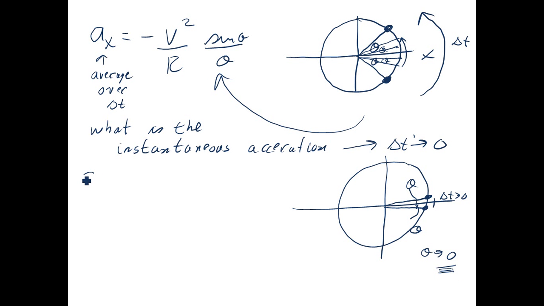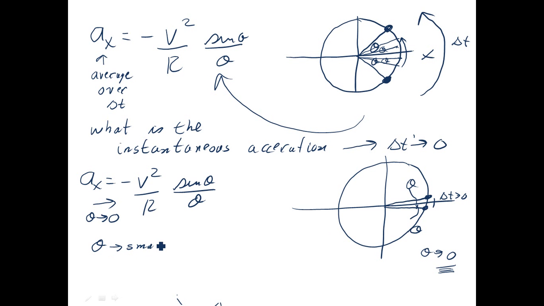So look at this equation again. a_x equals minus v squared over r, sine theta over theta. What does that approach as theta gets really small, approaching 0? One thing you may or may not have seen, and if you haven't you should convince yourself that it's true by putting in values, is that as theta gets small, sine of theta approaches theta.